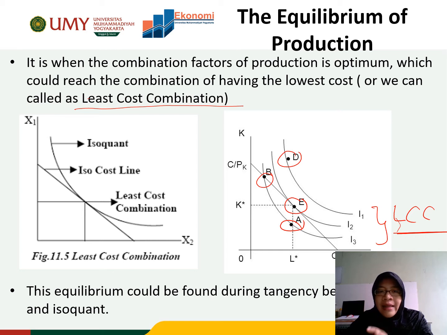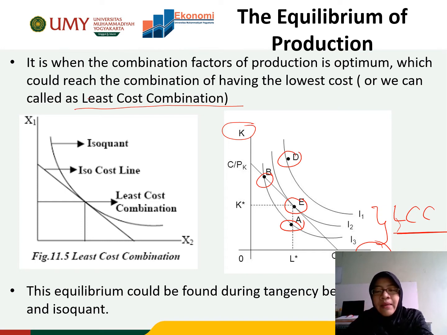And for you as entrepreneurs, after you graduate from UMY or now you are working as entrepreneurs, you have to calculate when you are adding the capital and where you are adding the labor. Okay, so this is the challenge for you as entrepreneurs or a manager of a company.